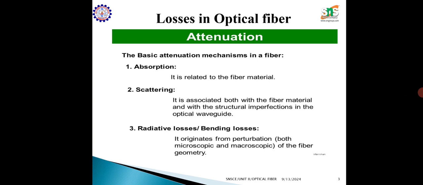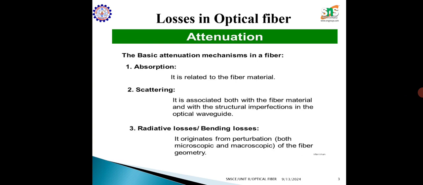In macroscopic bending, the light can escape from the core cladding interface, and microscopic bending comes from manufacturing. Minute bends can be there, or by applying pressure to insert the fiber in a particular location, micro bends can be created. When the radius of curvature is increased, we have macroscopic bending.